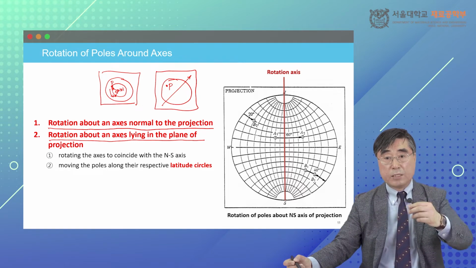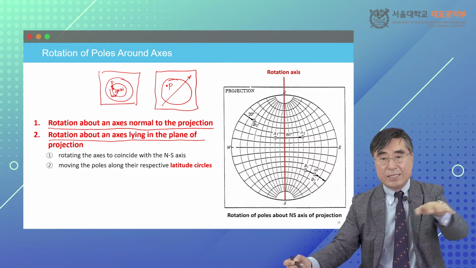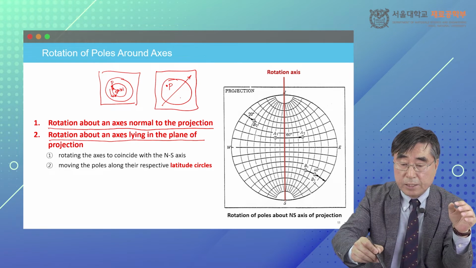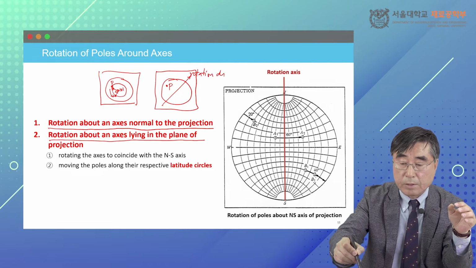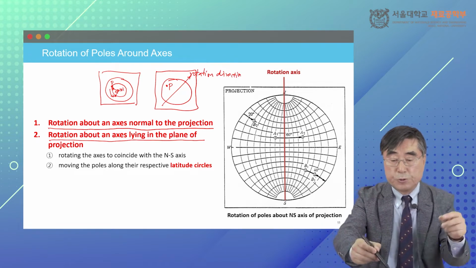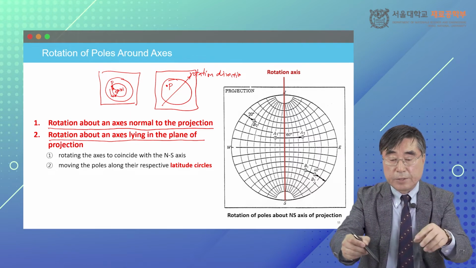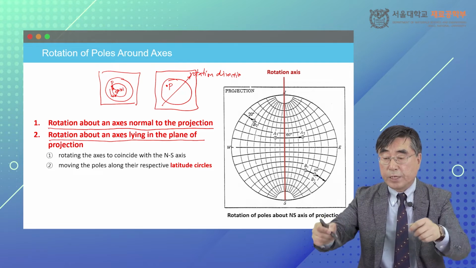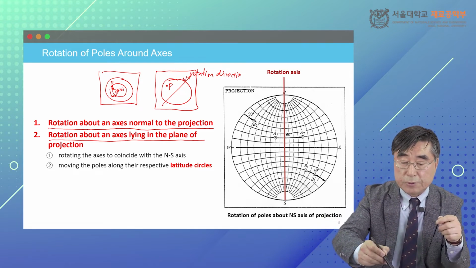For instance, the 1, 0, 0 direction lies in the stereographic projection. Now I want to rotate it using this as a rotation axis. Then what you do is you use the Wulff net here, and you put this rotation axis to the north and south.